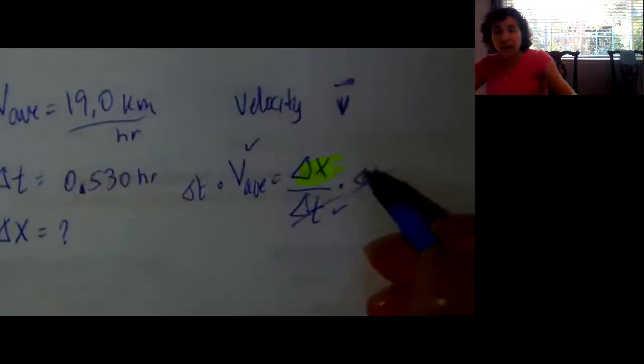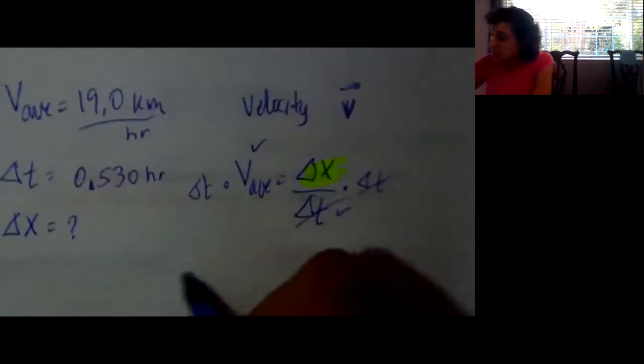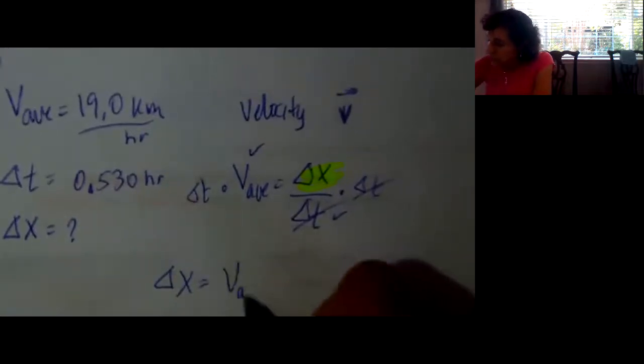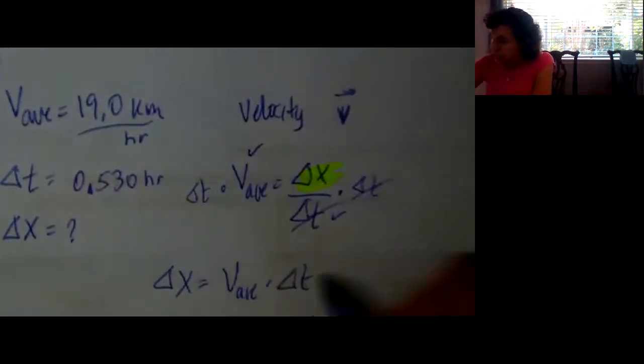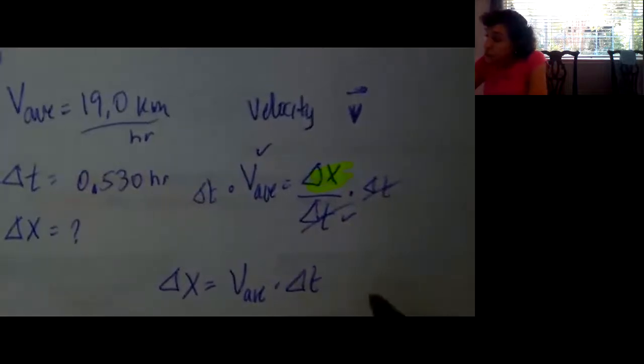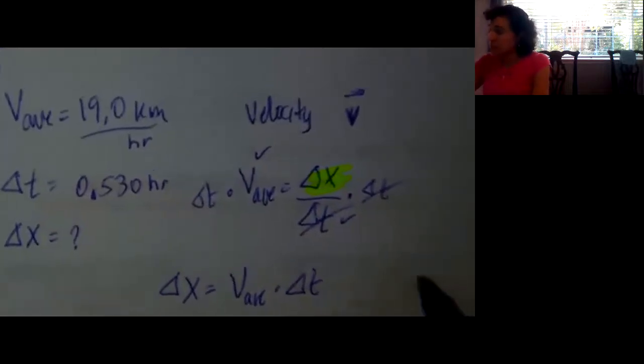So delta x must be v average times delta t. Now you could have written it the other way around, delta t times v average, it doesn't matter. 3 times 2 is equal to 2 times 3.